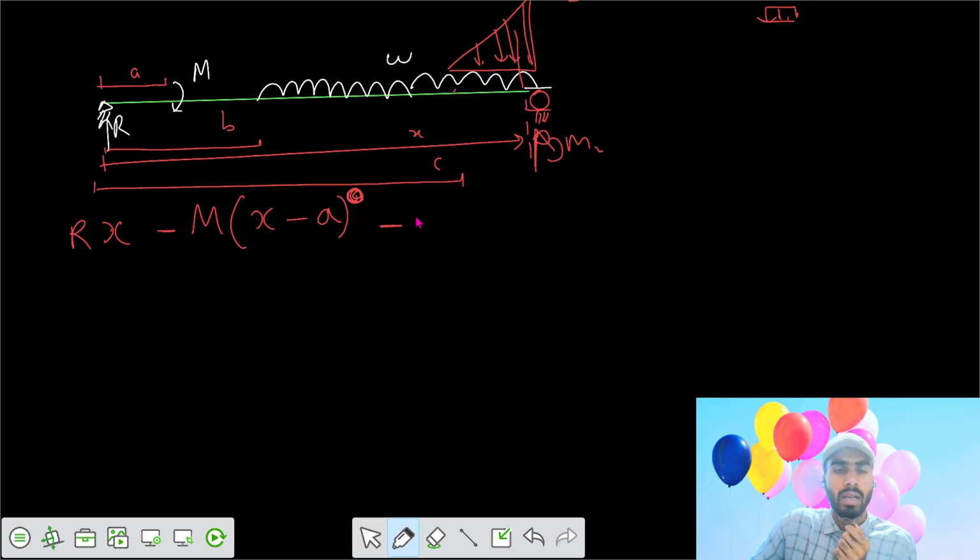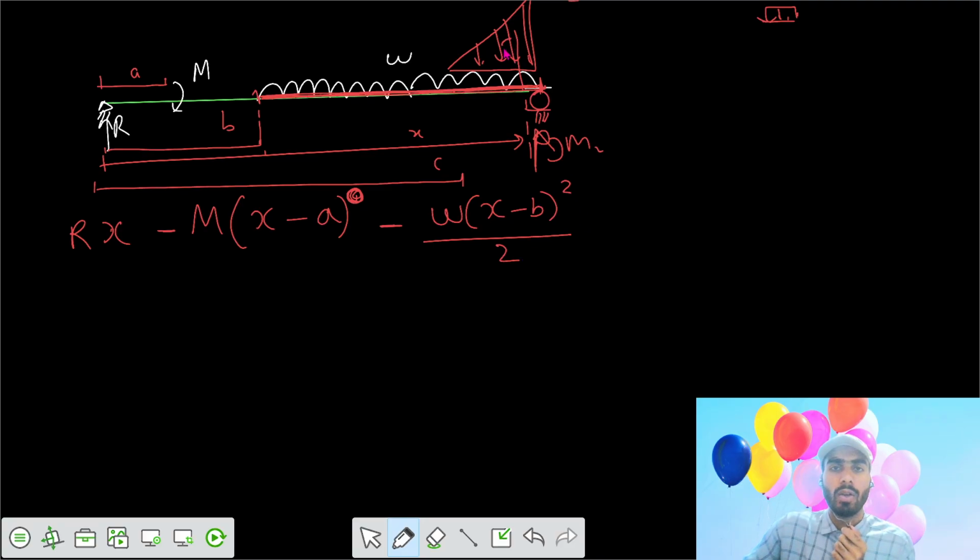Then W into this X, the value of loading is for this part, so it is after B. So we can write W into X minus B, and it acts for the entire section after it reaches B. So we can write W X square by 2.